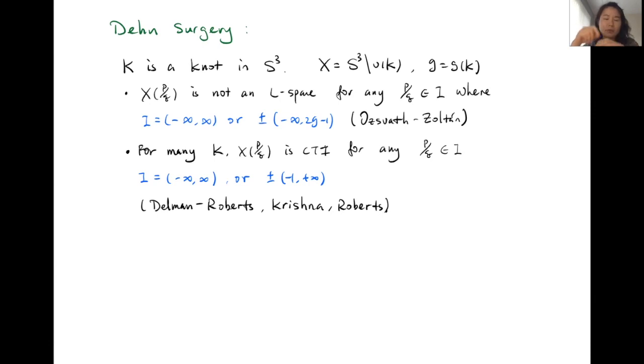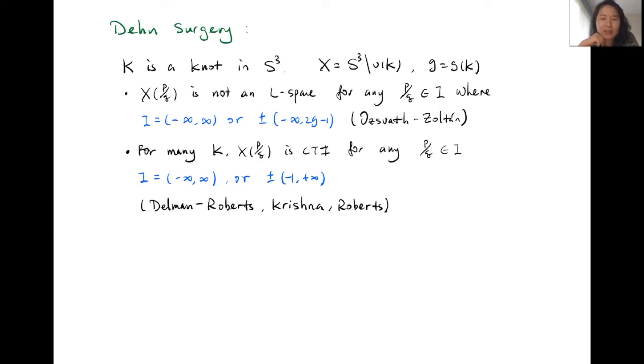Okay, so none of those knots are L space knots. Then for L space knots, Krishna showed that if K is a positive closed 3-braid, then she actually managed to construct CTF for slopes from negative infinity to 2g minus 1, which again matches the picture for NLS as well.